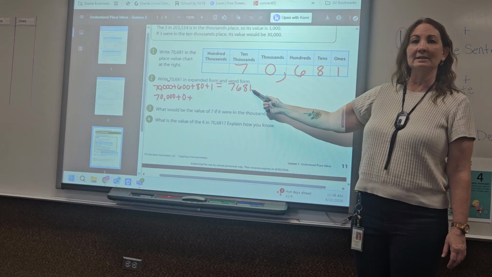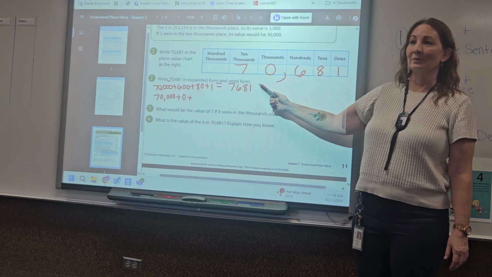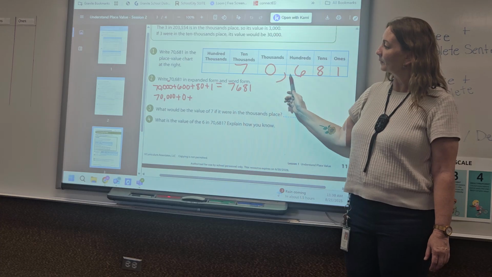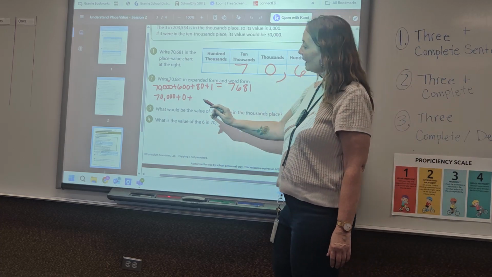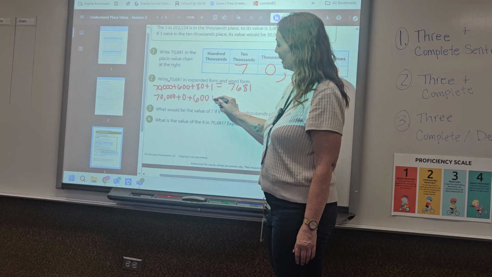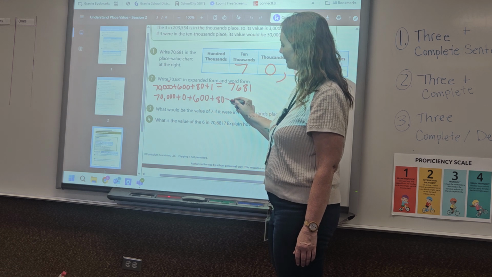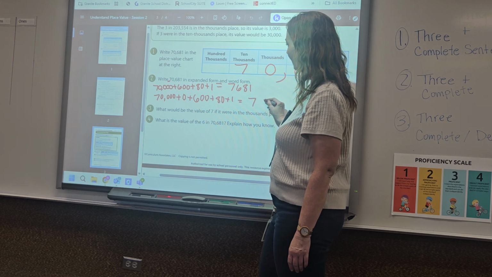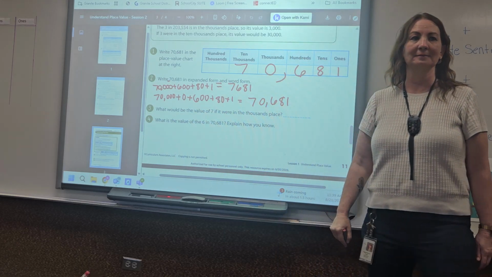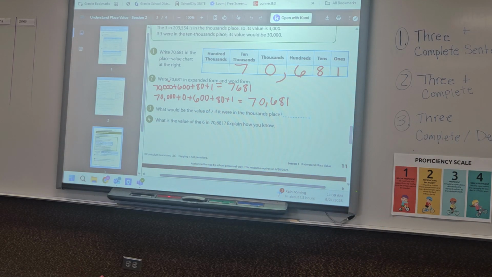Is that the correct answer? No. So we have to be very, very careful when we have a 0. So that's why I like to put the 0 where it goes. And then when I have to change it back, I know that there was a 0 there. Okay, good.